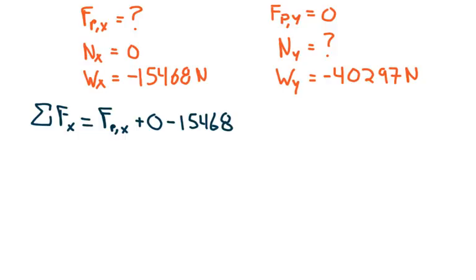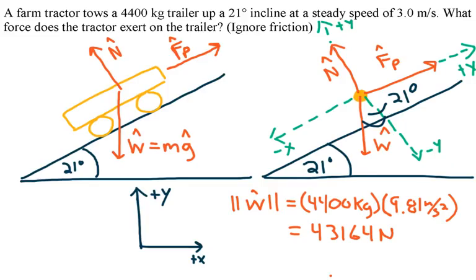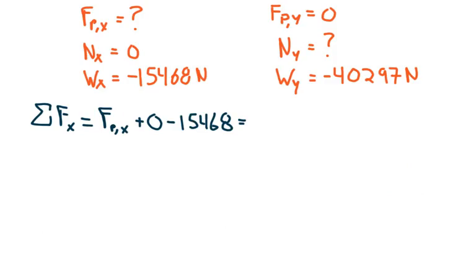Now we know that the sum of all forces in a given coordinate direction is equal to the mass of the object, in this case the trailer, times the acceleration in that direction. Let's plug that in. We know the mass of the trailer is 4,400 kilograms.